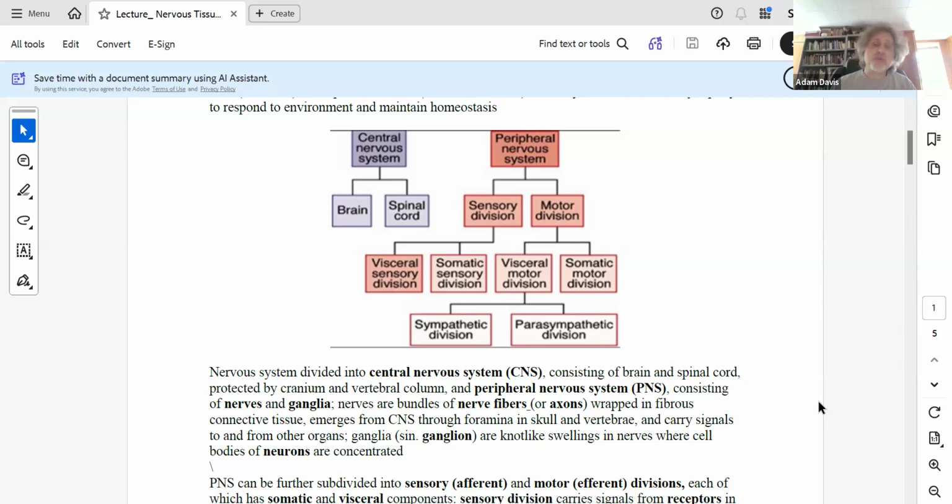The sensory division could also be called the afferent division. It's the aspect of the peripheral nervous system responsible for bringing data in to the central nervous system, carrying all the sensory impulses from the various sensory organs and transmitting that data to the central nervous system for processing.